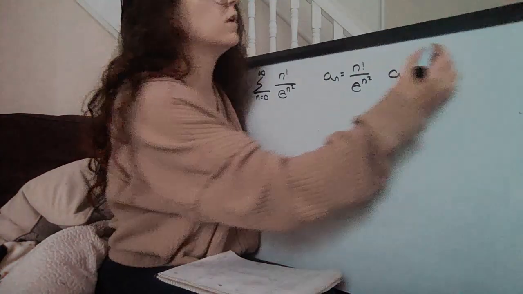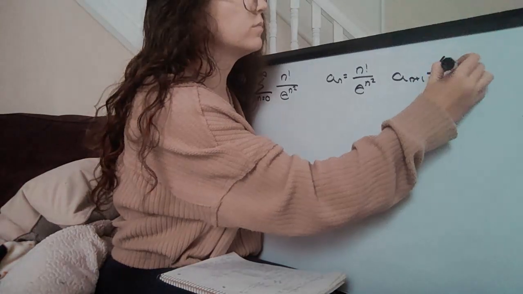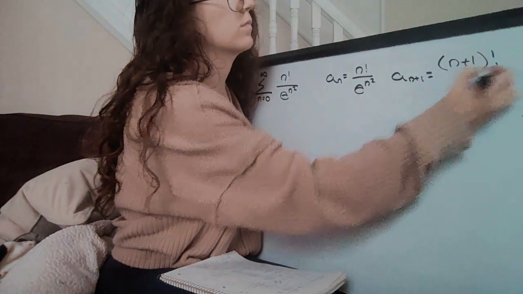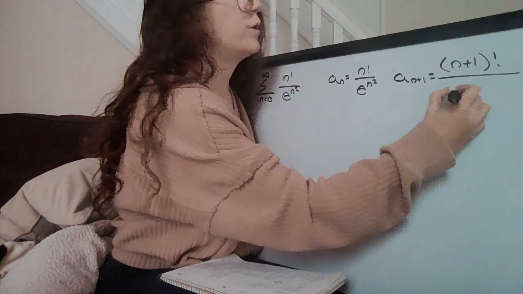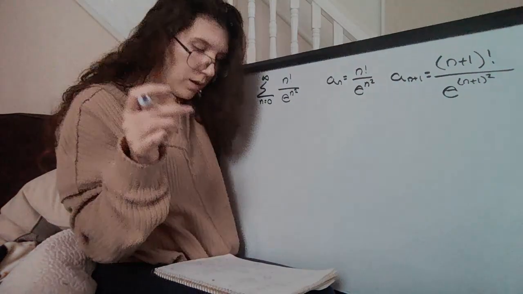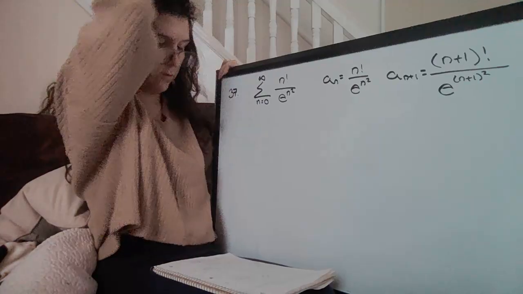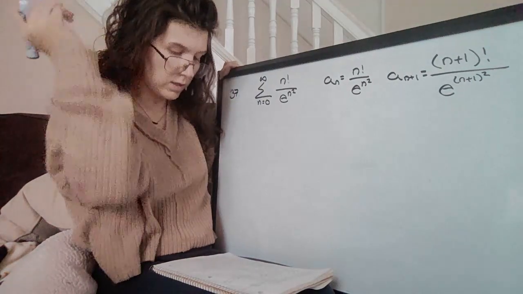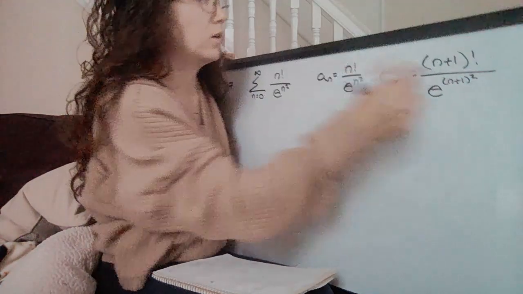So we'll just plug in n+1 to both. So this would be n+1 squared. All right. And then I believe we're actually going to need to do a little bit of algebra here.